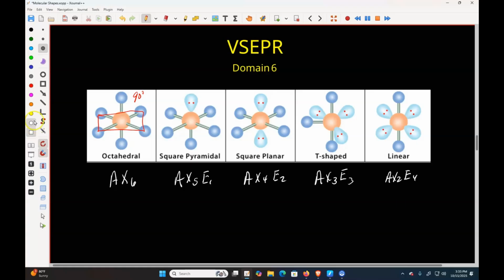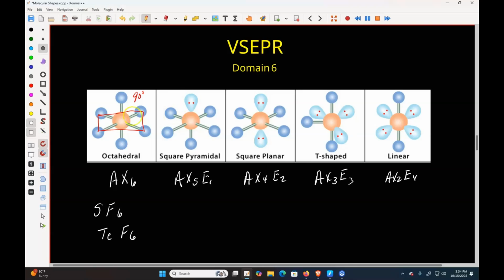So examples here could be like SF6, or maybe TeF6. In this domain, we'll lose our ones perpendicular to the plane first and replace them with electron pairs. So if I were to place an electron pair either on the top or the bottom, it would give me a square pyramid.